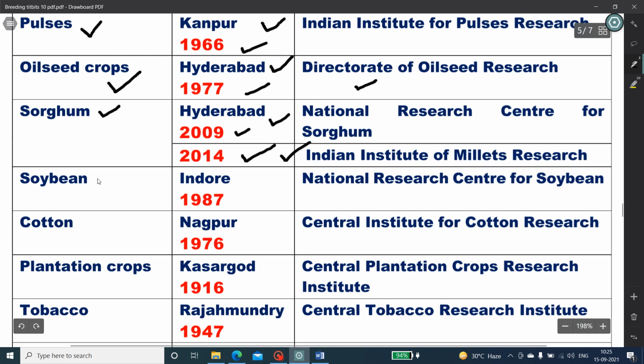Regarding soybean germplasm, the National Research Center for Soybean at Indore is conserving it and was established in 1987, and the Central Institute for Cotton Research at Nagpur is conserving cotton, and it was established in 1976.